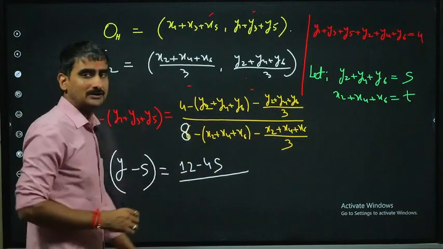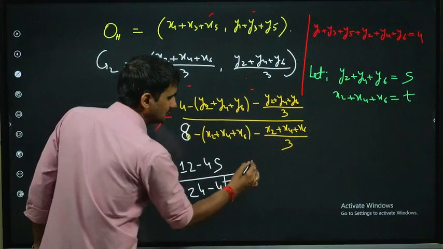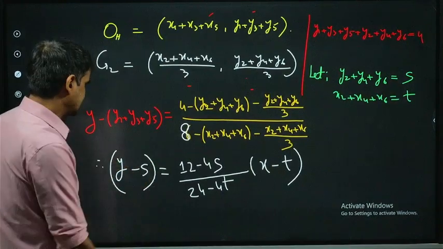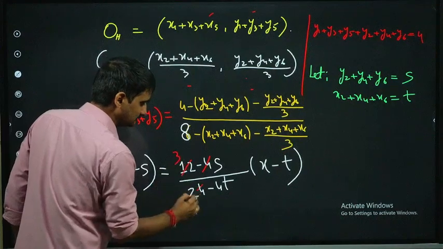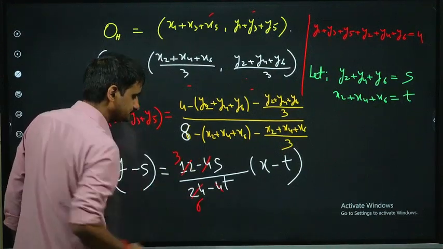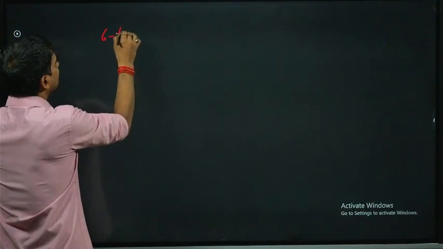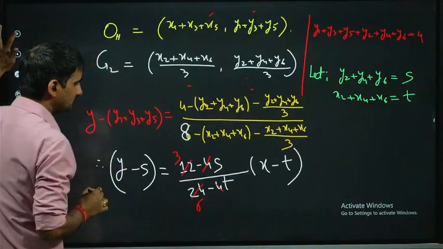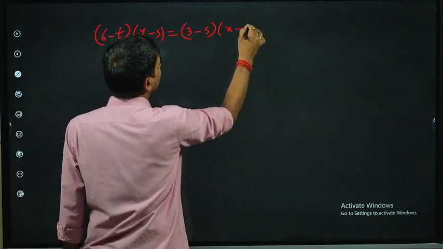So that's it. So 24 minus 4t into x minus t. Let's cross multiply, but before that, let's cancel the common factor of 4. So 6 minus t into y minus s is equal to 3 minus s into x minus t.